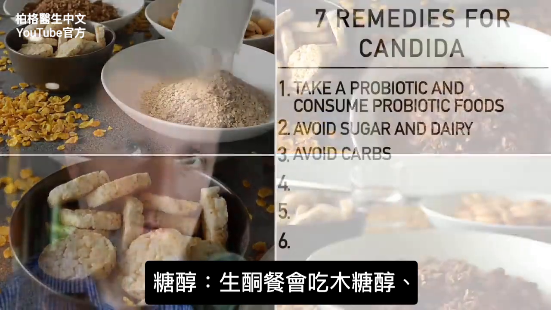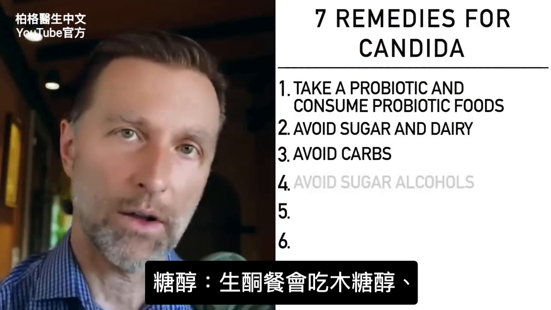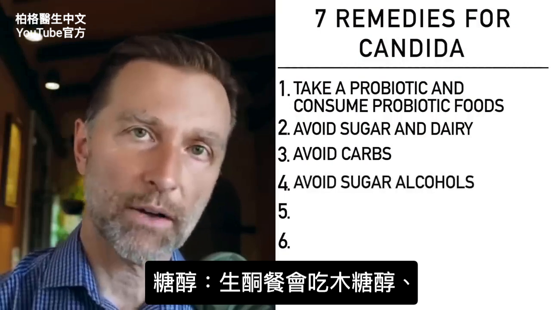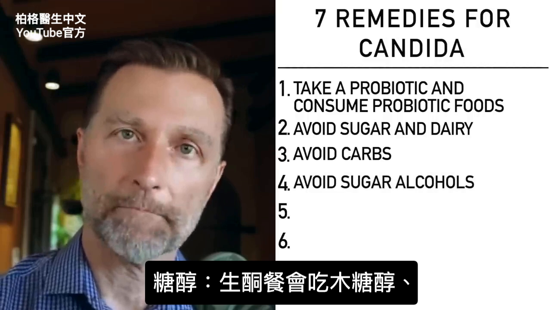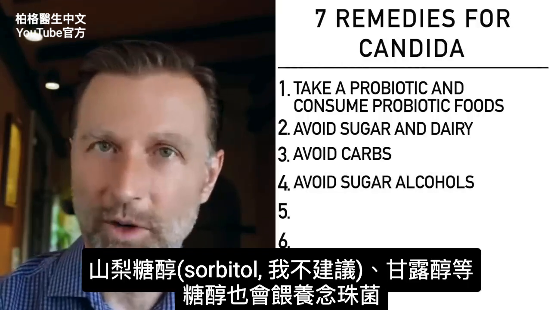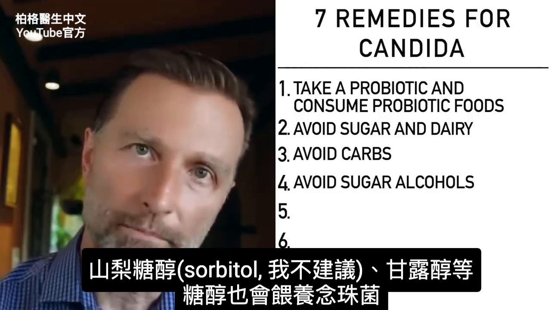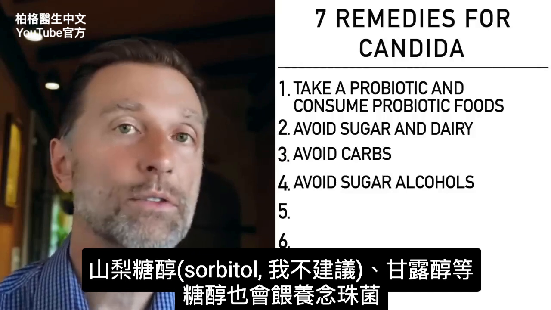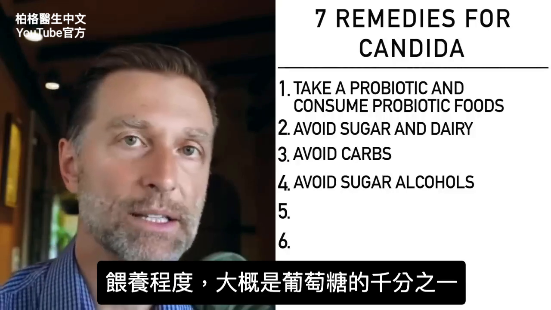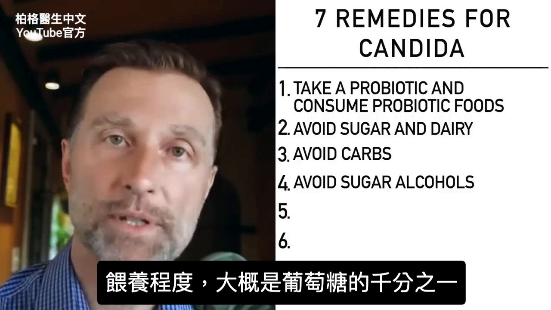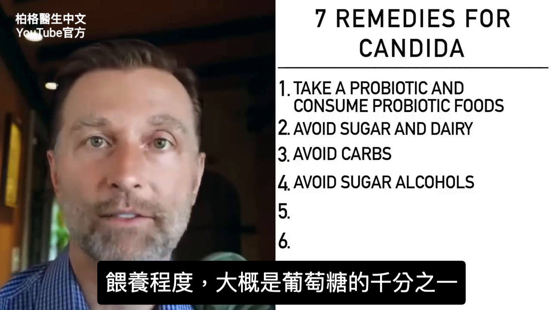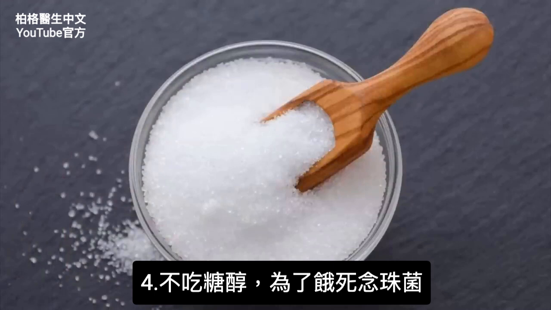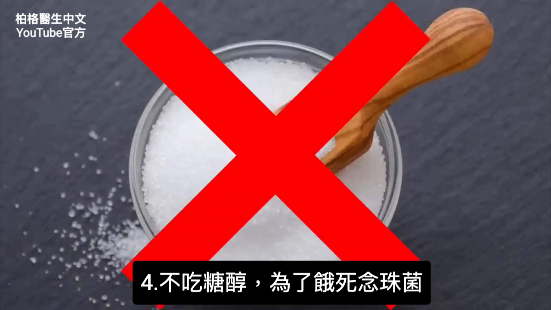There's also other types of sugars, like sugar alcohols. If you're on keto, you know about sugar alcohols like xylitol. There's also sorbitol, which I don't recommend, or mannitol. Apparently those can also feed candida, not to the same extent as glucose, but by 100%, which is like 1/10 of 1,000, but still. So I would avoid sugar alcohols if you're trying to get rid of candida.